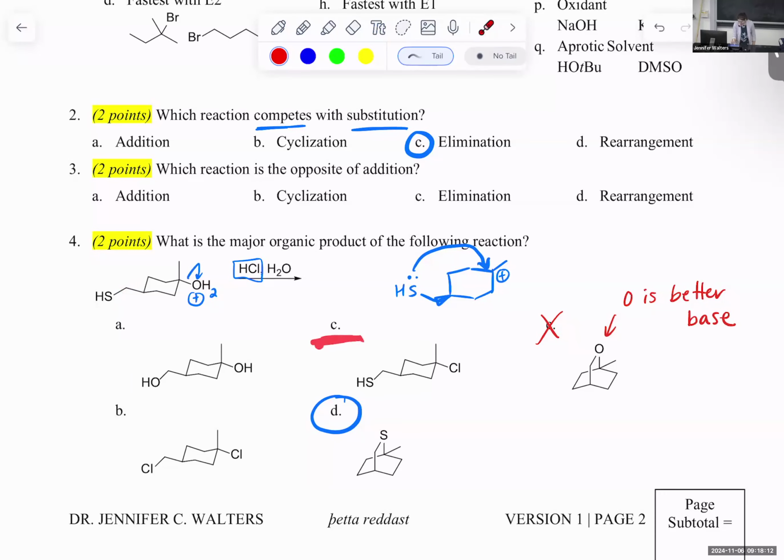The issue with C is that it has our chloride act as the nucleophile. Besides the fact that it's intermolecular, meaning that it's a separate molecule coming, and remember, if it's already attached, that's always faster.